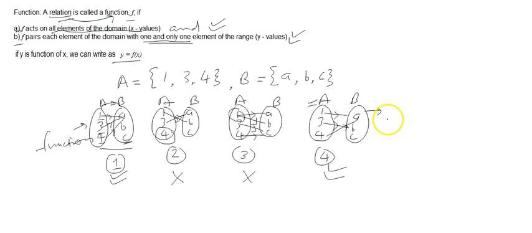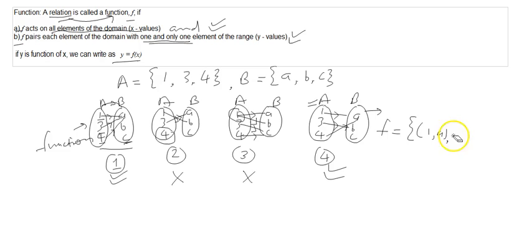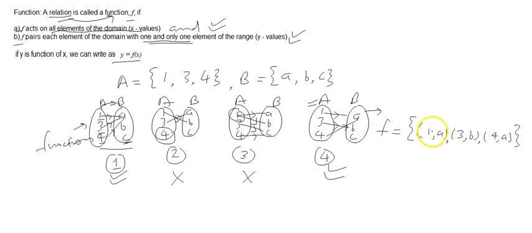So if I write this as a function, I will write 1 is related to A, and then I'm going to write the second one. 3 is related to B, so I'll write 3B, and then you can see 4 is related to A. So over here, the image of 1 is A, the image of 3 is B, and the image of 4 is again A. So A is called the image of 1, whereas 1 is called the pre-image of A.